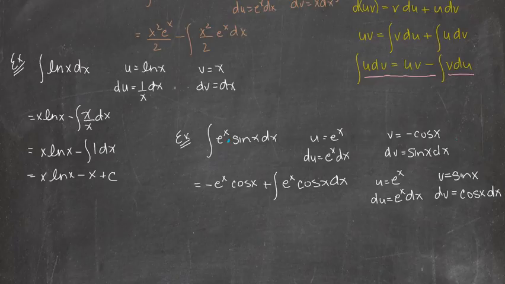Now I'm going to write the formula again. I have to keep this negative e to the x cos x plus, now this part says that I have to do the same thing using by parts all by itself. So that gives me uv, writing it in the same way again, e to the x sine x minus the antiderivative of v du, sine x e to the x dx.